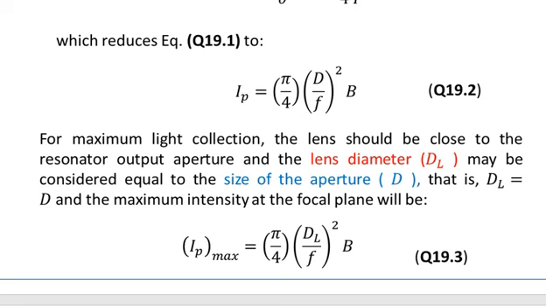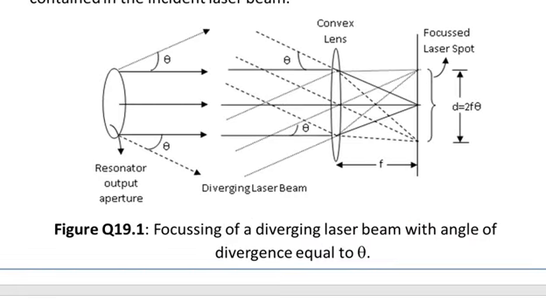For maximum light collection, the lens should be close to the resonator output aperture. For example, in this diagram, this lens should be close to this resonator aperture so that most of the light is collected by this lens.